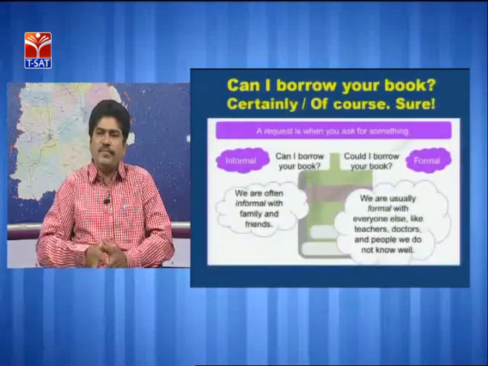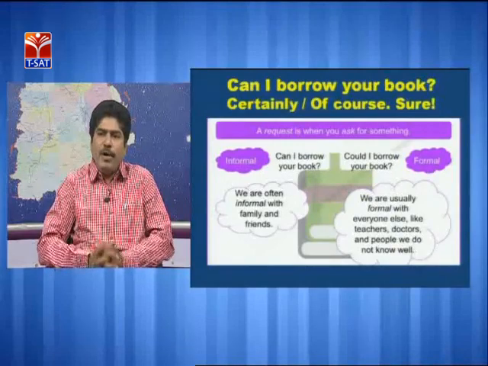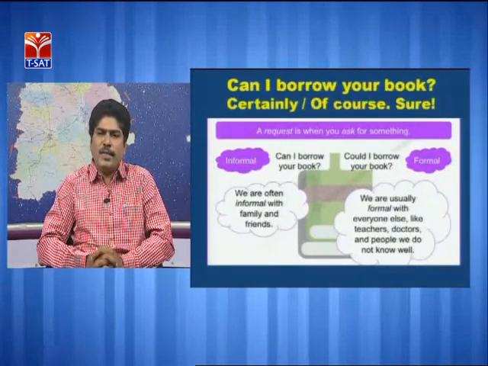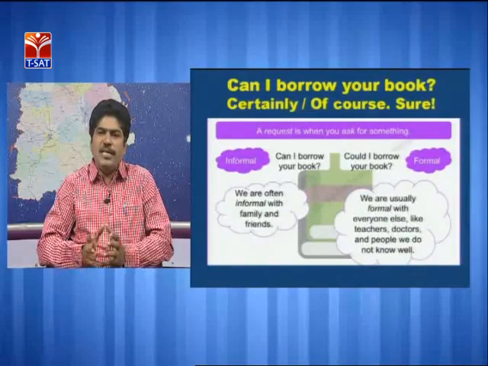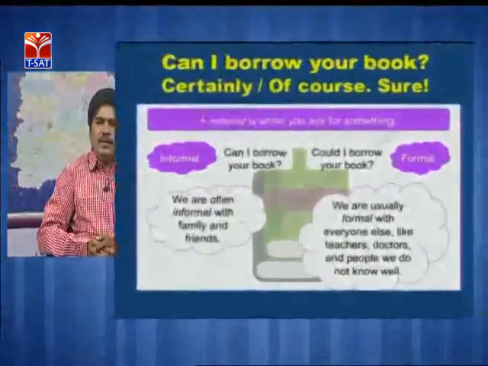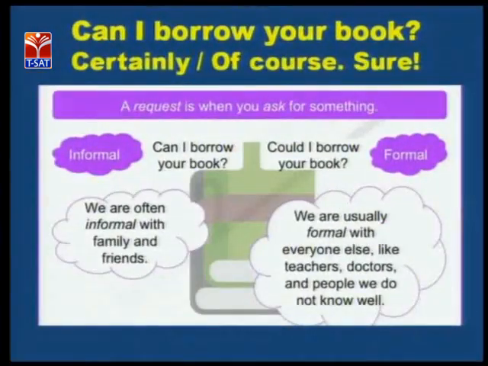Observe this. Can I borrow your book? This is one language usage structure to borrow a book from others. That means we are requesting another person to lend his book.